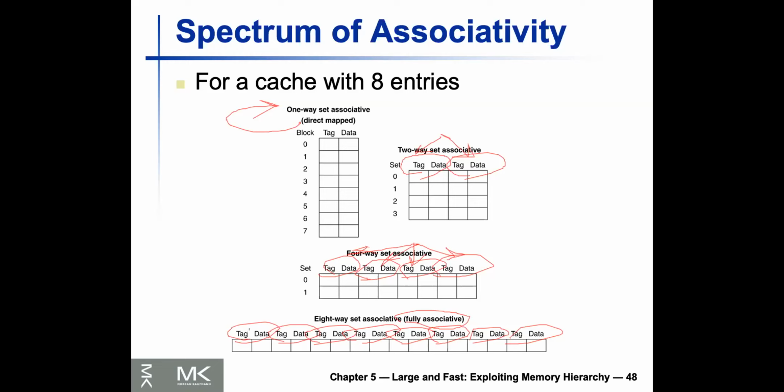Because here, if you look at it, this is 1 set only. In direct map, we have one way per set, okay? And that's why we have blocks there. Is it clear?